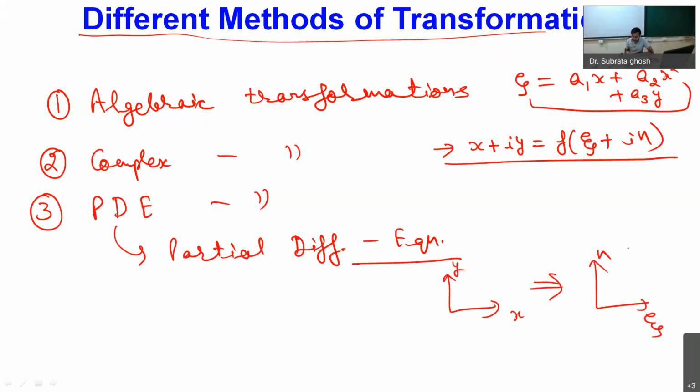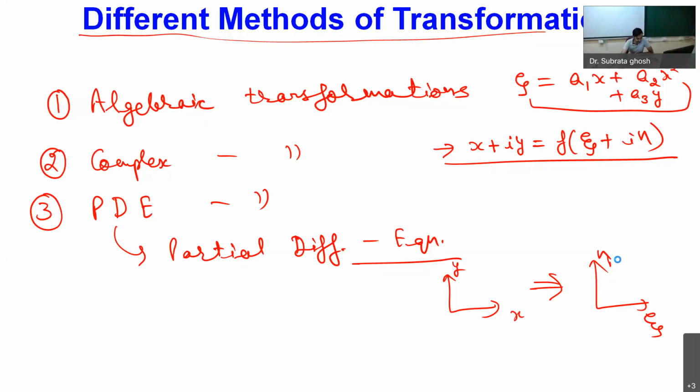If I have to move from one to another, I have to do some transformations. I require some transformation functions. Basically, these transformation functions will be in the form of partial differential equations. Okay, so this is the broad idea about what kind of transformation functions we may have.